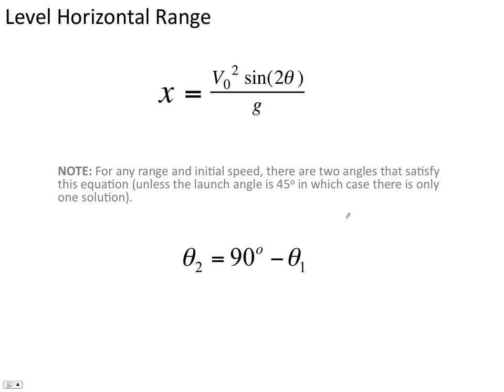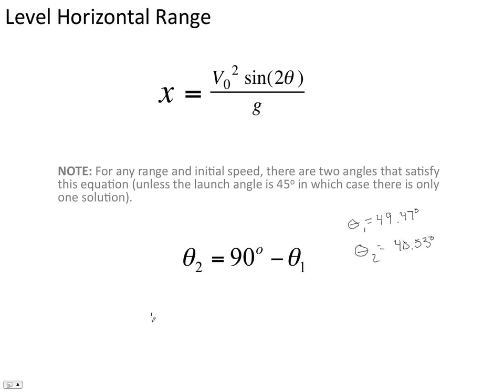So in this problem, theta 1 was 49.47 degrees, which would mean that theta 2 is 40.53 degrees.